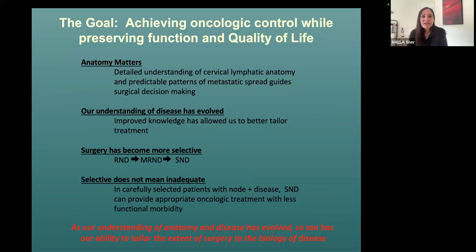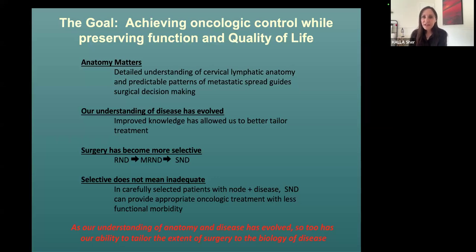So in summary, our goal when we see patients with head and neck cancer is to do the most oncologically beneficial operation that we can offer them while preserving function and quality of life.